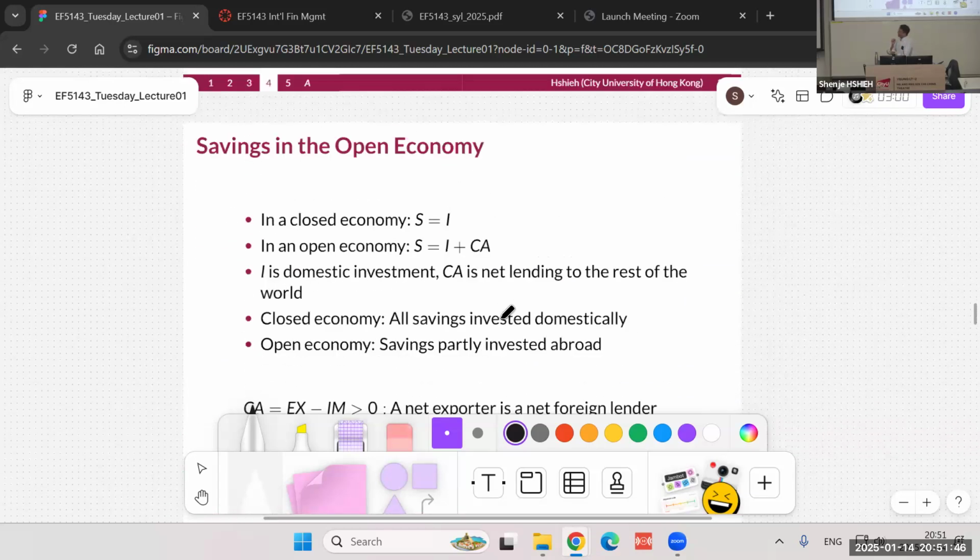All right, so my second objective, my second perspective of the current account that I want to show you today, is that the current account also reveals the amount of investment that goes abroad. So remember, I is a representation of private investment domestically. So if we have a closed economy, all savings has to be made within the country, right?